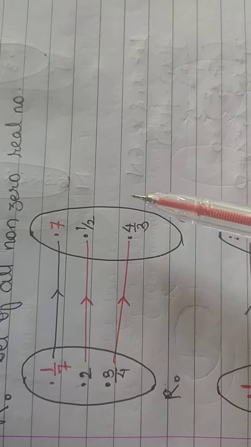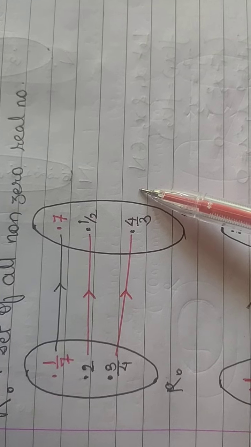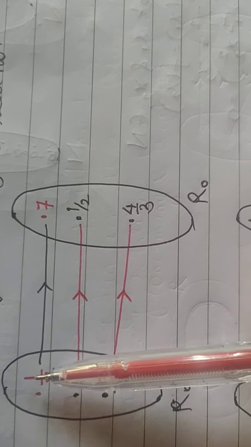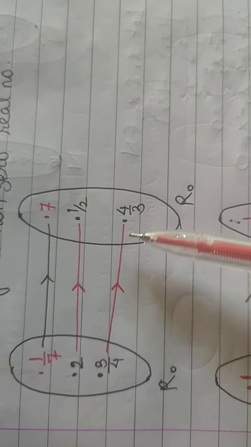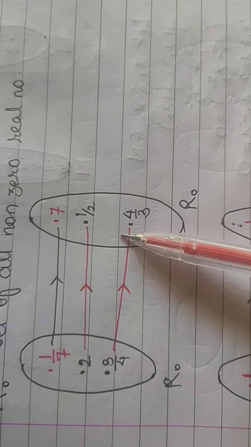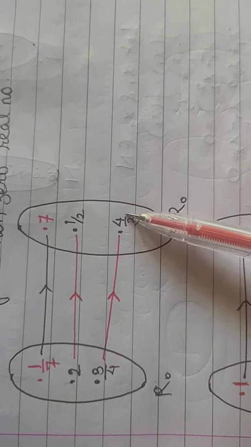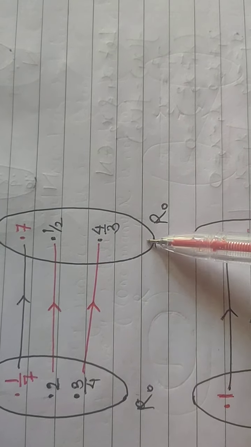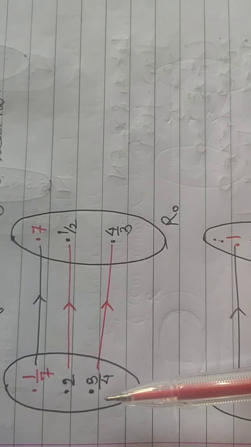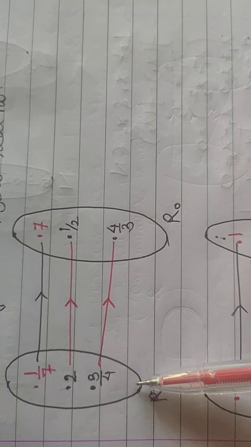That is, range and codomain are equal, and as you can see, it is a 1-1 function, and it is an onto function also, because all the elements in this codomain have a pre-image in the domain set.